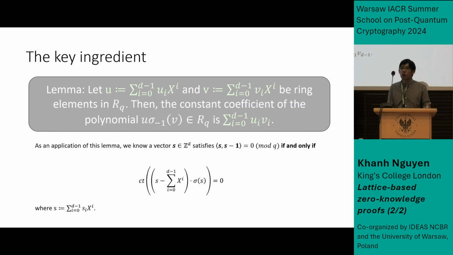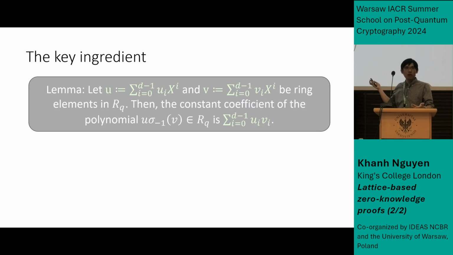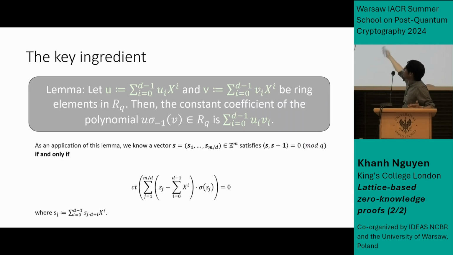Okay. So how can we apply this lemma in our case? The application would be that I want to prove that the inner product of s and s minus 1 is 0 mod q. Using this lemma, it's not a nice formula, but we need to prove that the constant term of s minus the sum of all the powers times sigma of s is equal to 0. That's literally the application of the lemma.